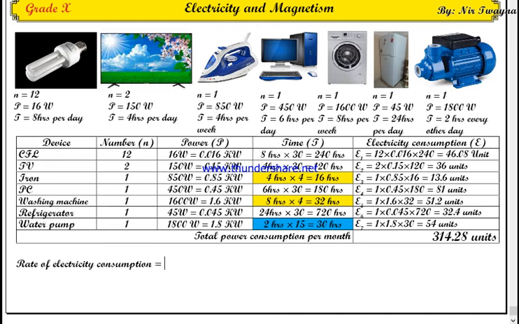We are considering it to be rupees 11.5 per unit. Then total cost of electricity would be very easy: rupees per unit 11.5 multiplied by how many units are consumed in that month? 314.28 units.